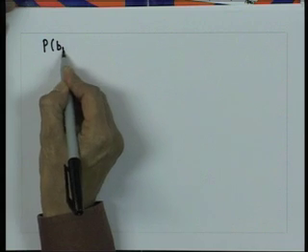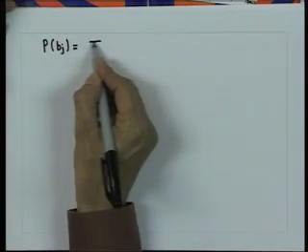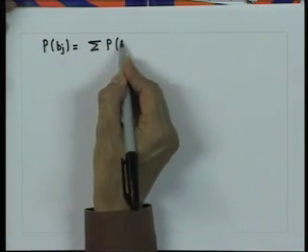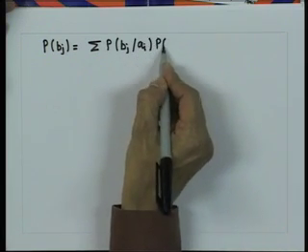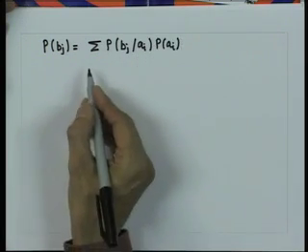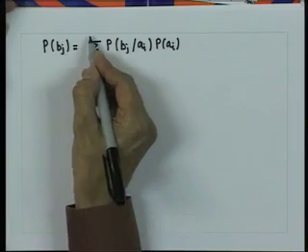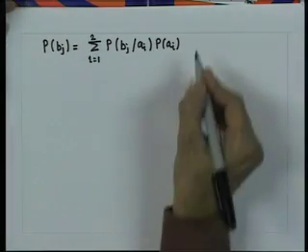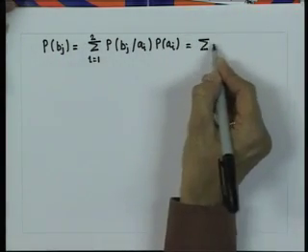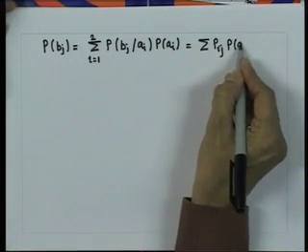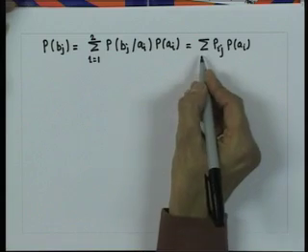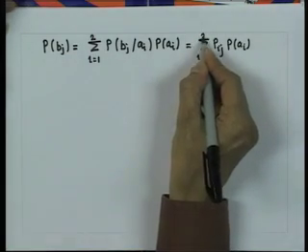Probability of Bj is equal to the sum over i equal to 1 to 2 of probability of Bj given Ai multiplied by probability Ai, which is equal to Pij multiplied by P(Ai), i equal to 1 to 2.